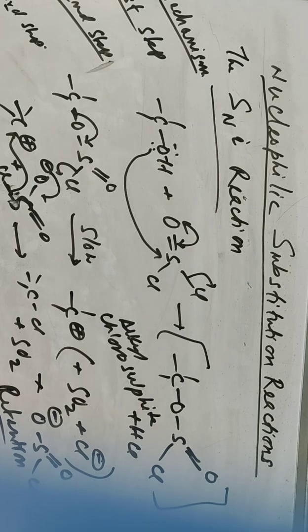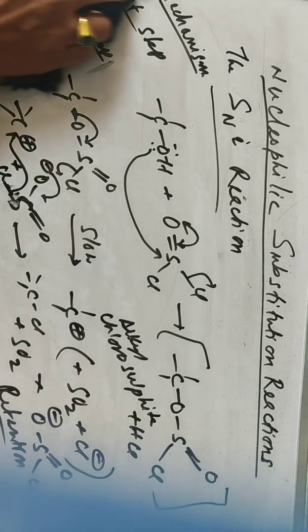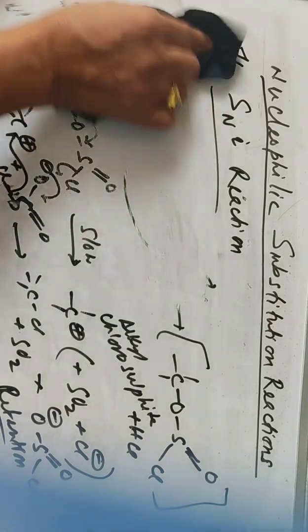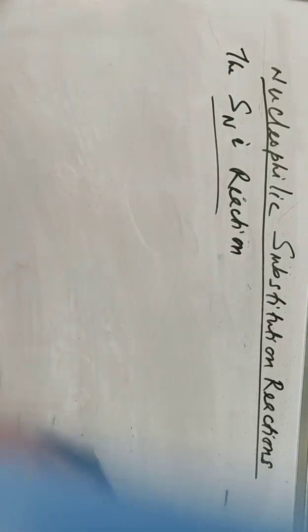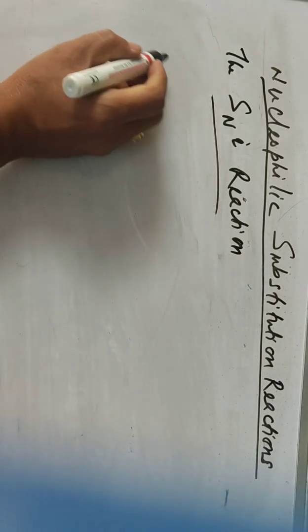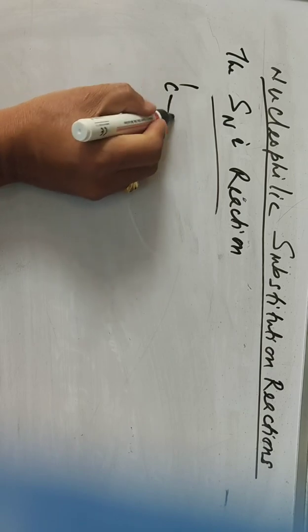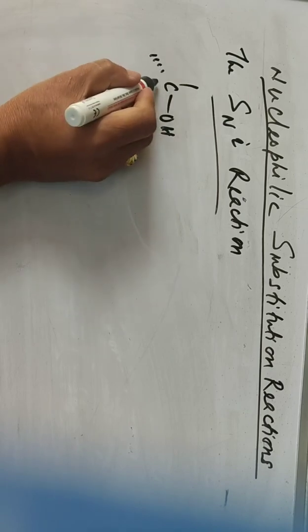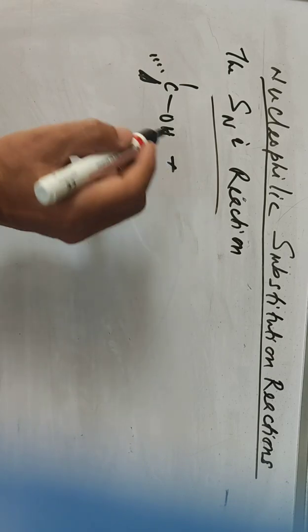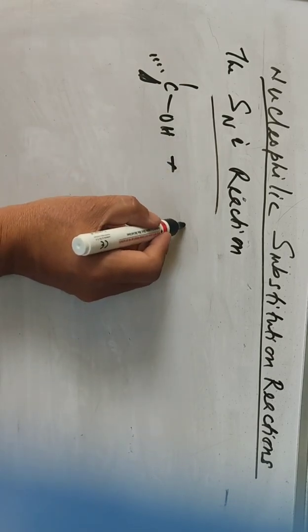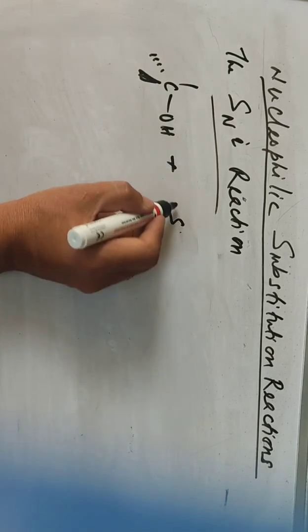So in a concerted way, we can write this one also, in a simple way. First the intermediate: we have this OH, and thionyl chloride.